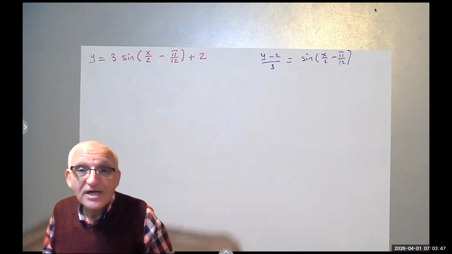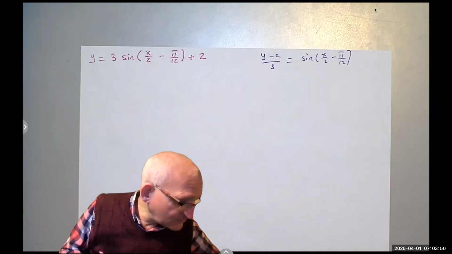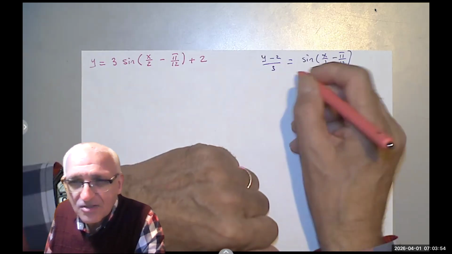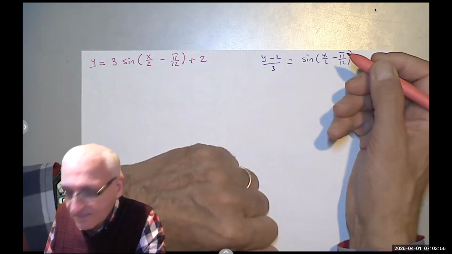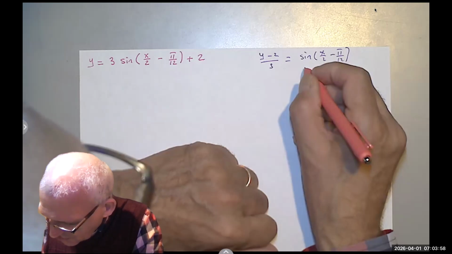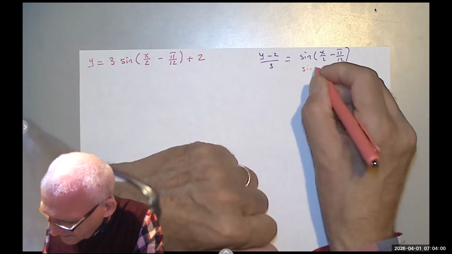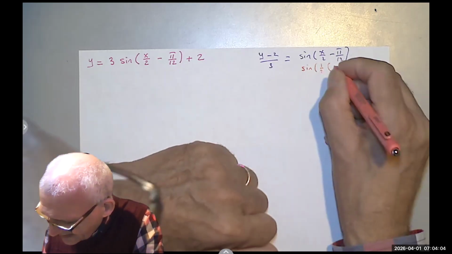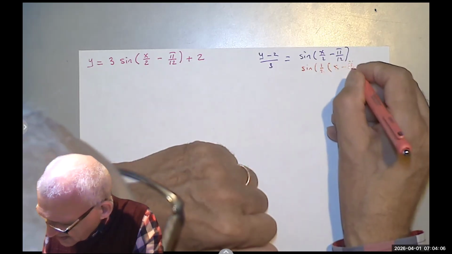Both are correct, by the way, guys. You don't have to follow exactly what the book tells you, because there are many ways of doing that. So I can say sine of 1/2 times, when I factor 1/2, I get x minus pi over 6.